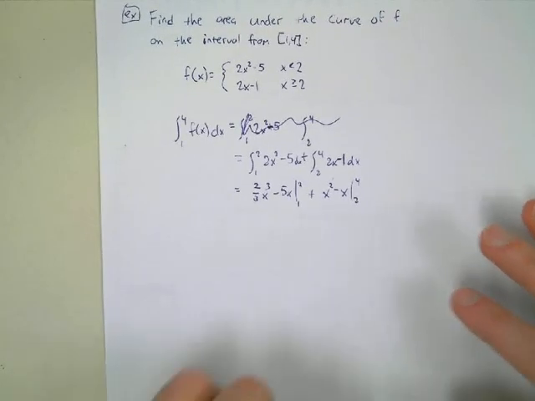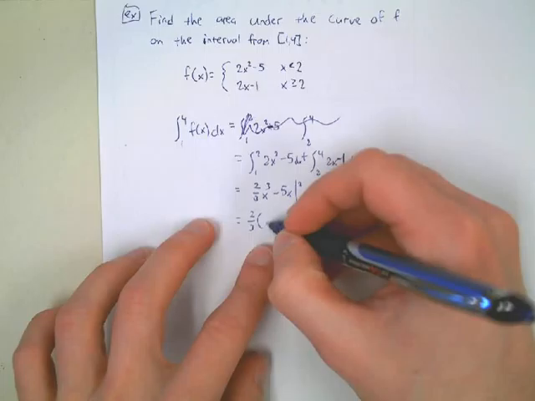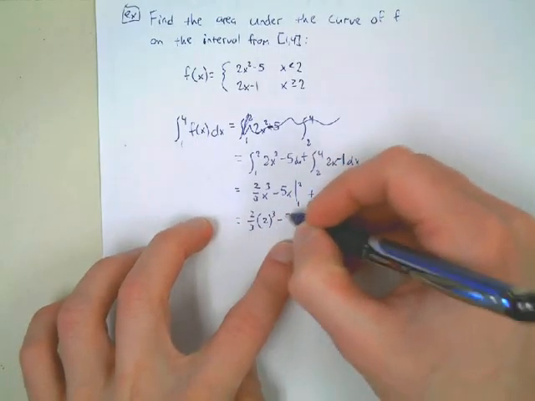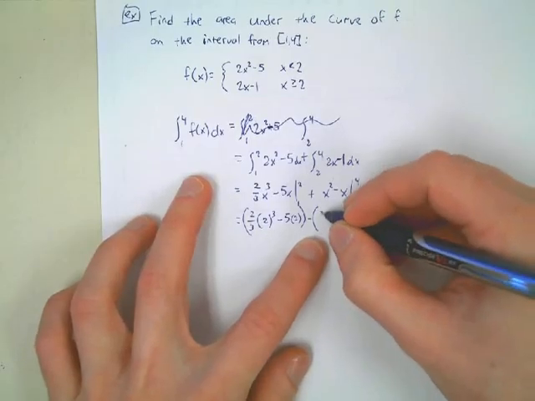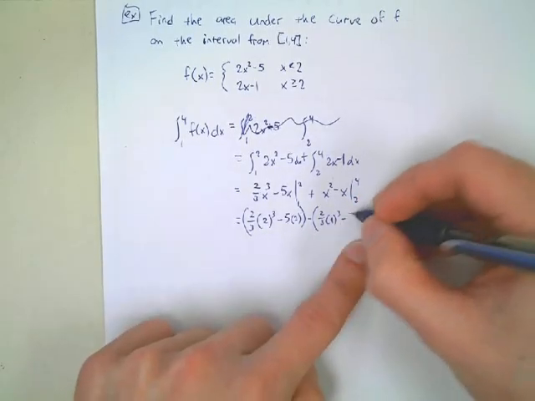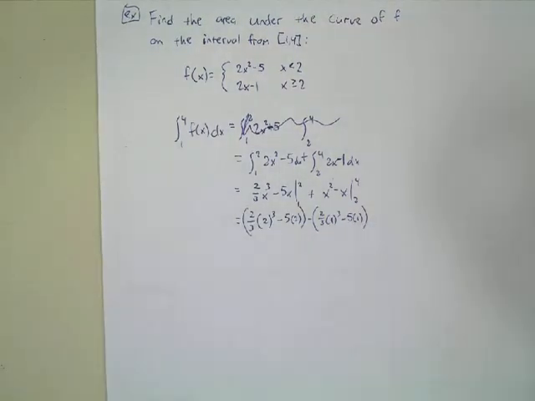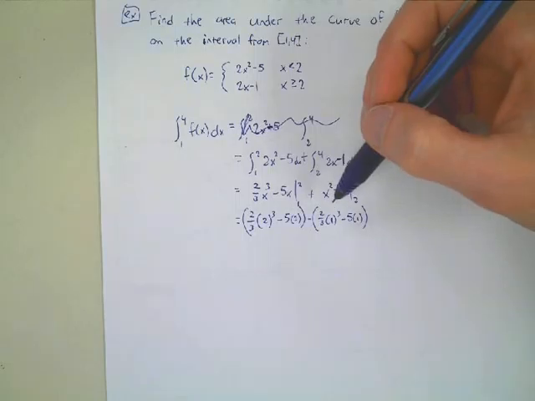All right, very good. And so we plug it in. So 2/3 times 2 cubed minus 5 times 2, minus 5 times 1. So there's the first one.